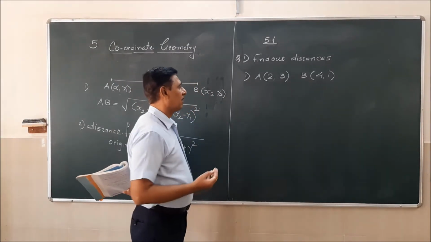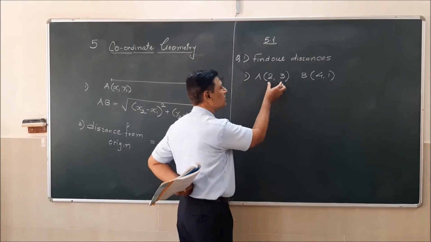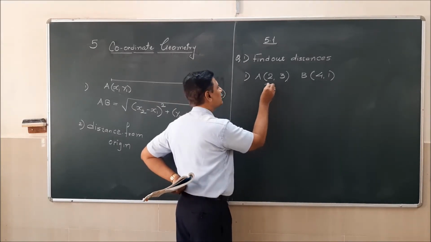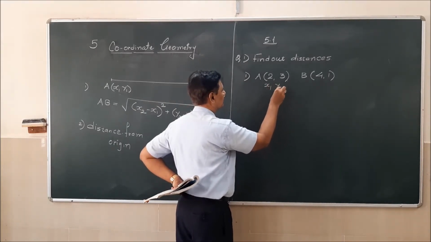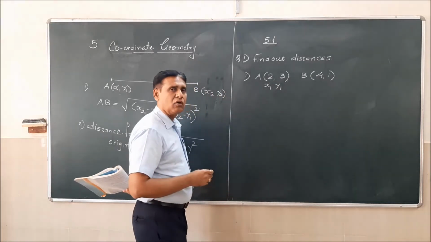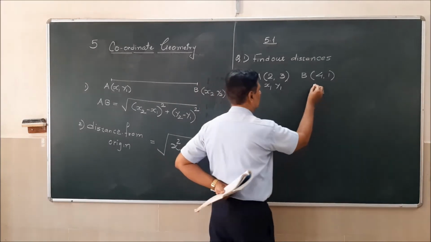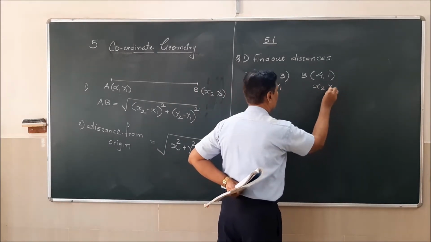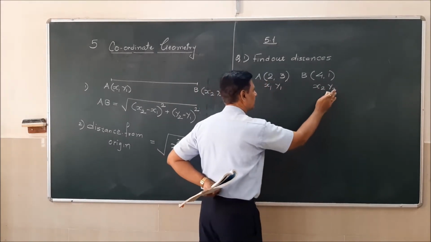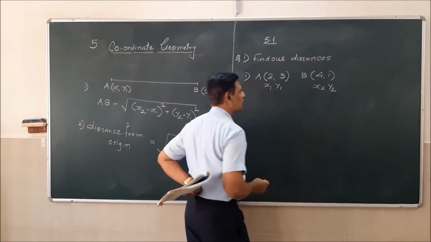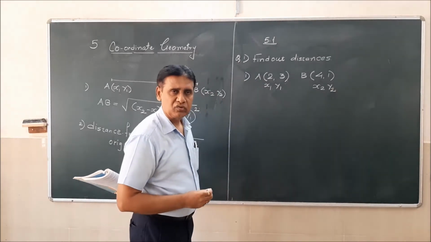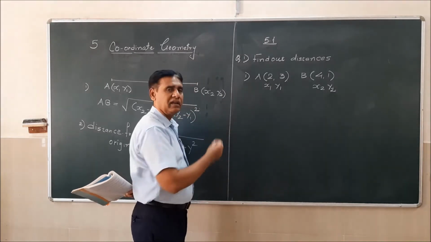Now I will label the coordinates of point A as x1, y1 and the coordinates of point B as x2, y2. After labeling them, I am going to find the distance between AB.